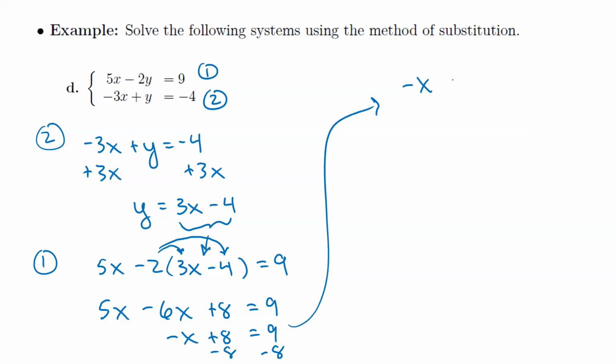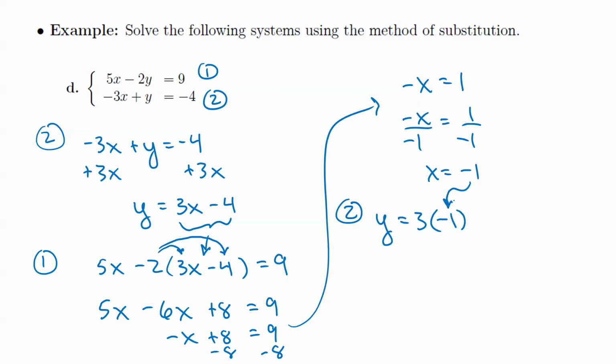So it's -x equals 1, but x isn't by itself yet, right? So we got to divide by -1 on both sides. So x equals -1. And then plugging that back into the altered version of equation 2 gives me -7.